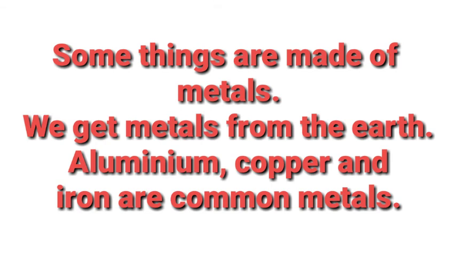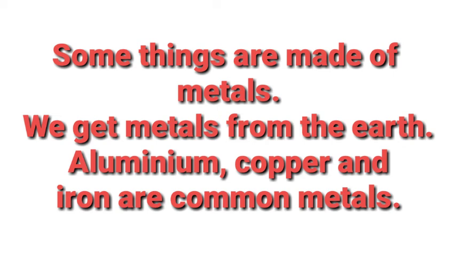Some things are made of metals. We get metals from the earth. Aluminium, copper and iron are the common materials. We can use these materials to make vessels, then cars, vehicles.